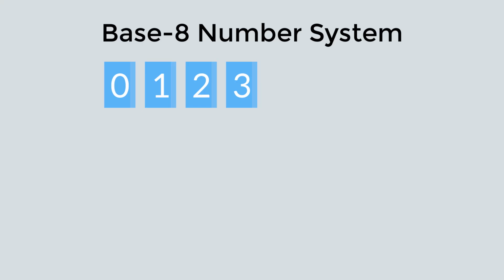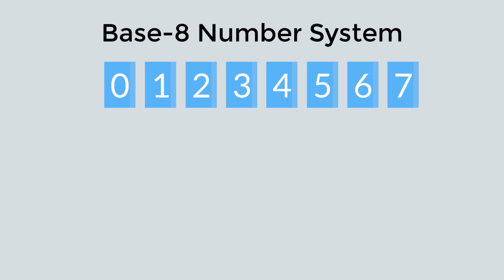Now let's look at base 8. Base 8 is also called octal. It uses 8 symbols: 0, 1, 2, 3, 4, 5, 6, and 7. So we count 0, 1, 2, 3, 4, 5, 6, 7.